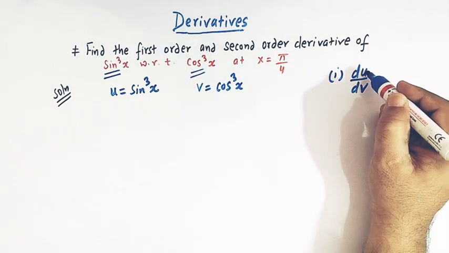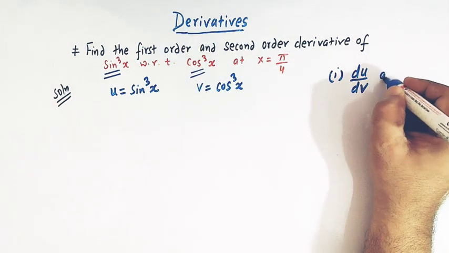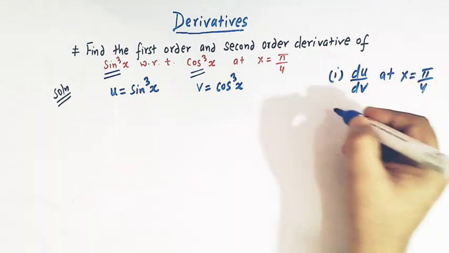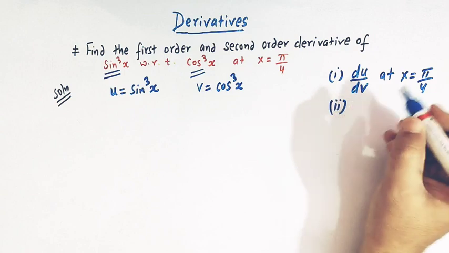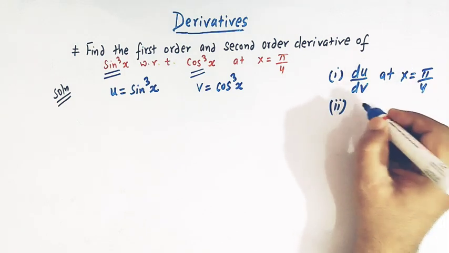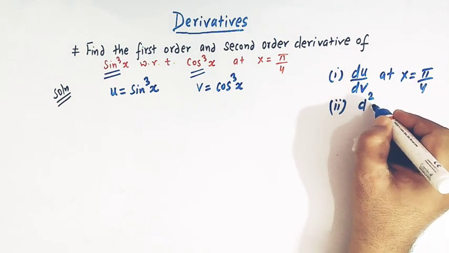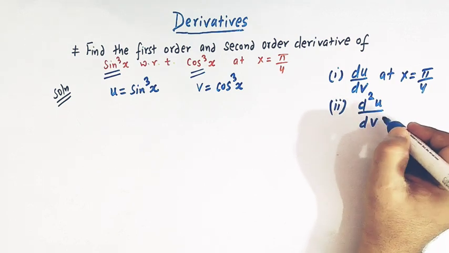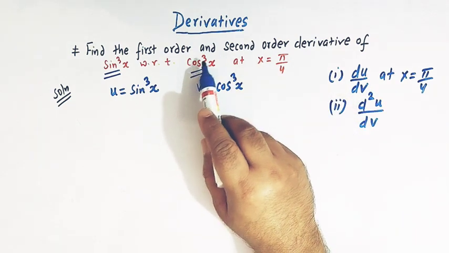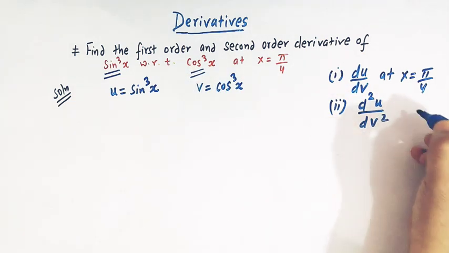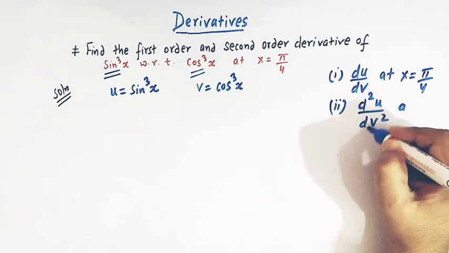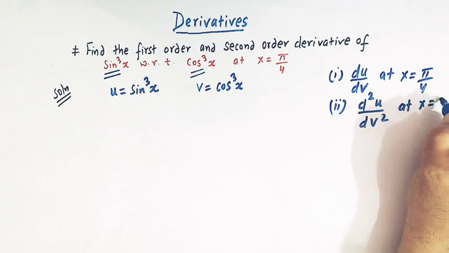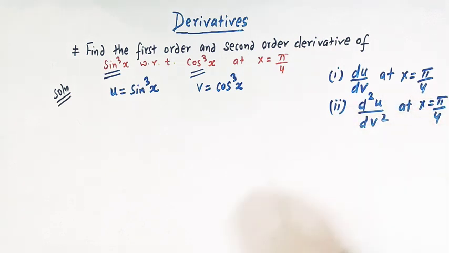So we have to find du/dv at x = π/4, and once we calculate du/dv, we can find the second derivative of u with respect to the function cos³x. So we'll find d²u/dv² at x = π/4.